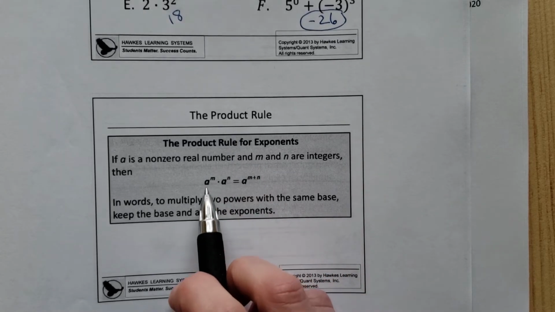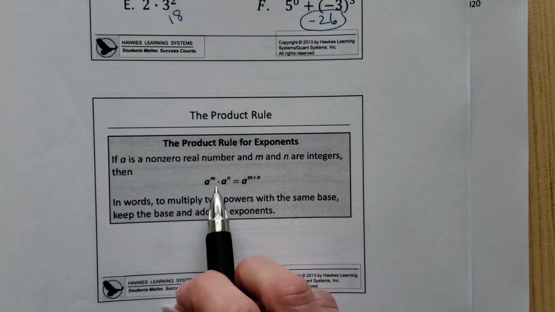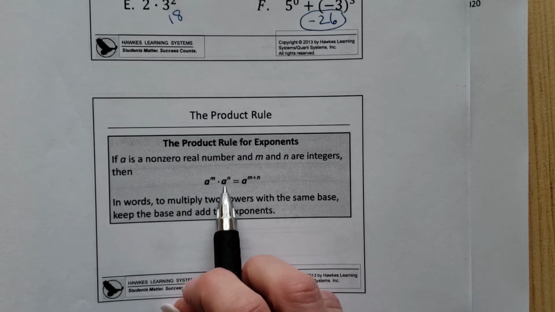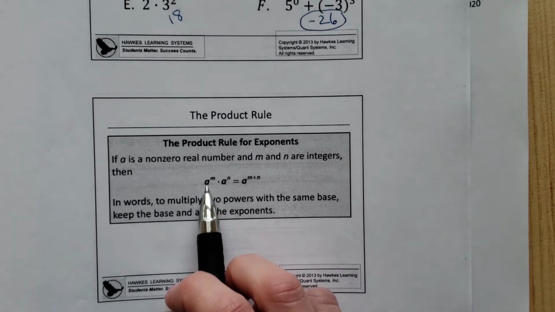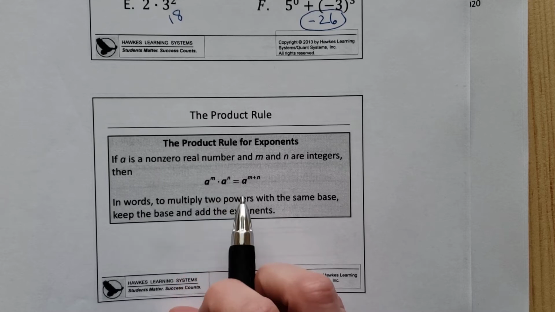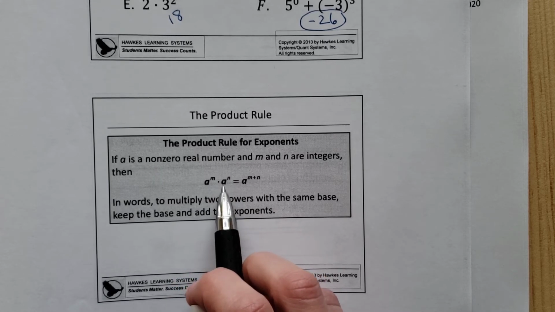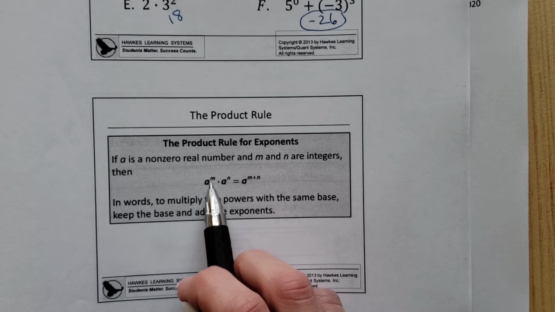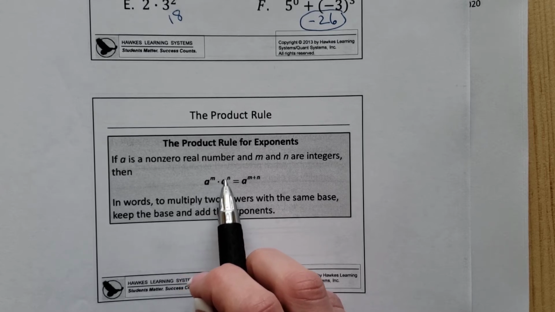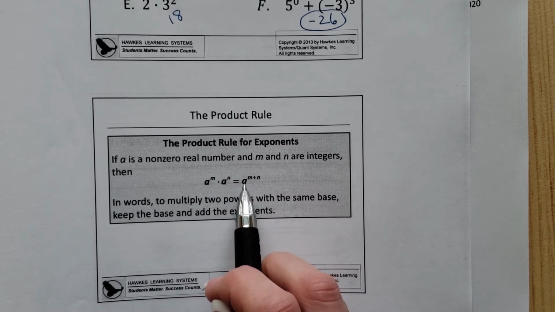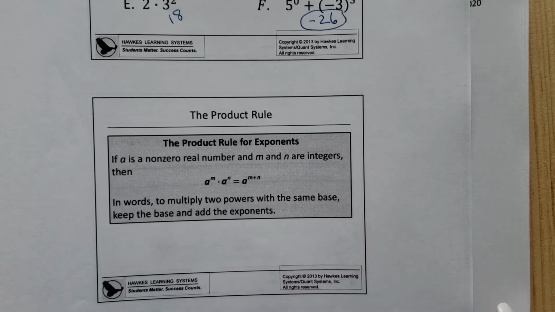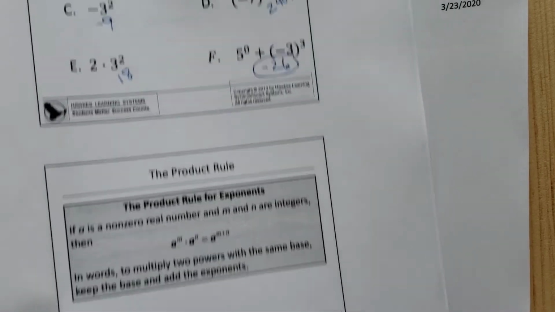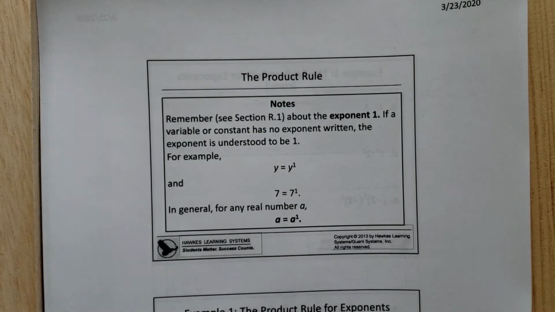That tells you when you have two numbers that have the same base, so a base is any variable or number raised to an exponent other than 1, and they're going to be multiplied, the rule is that you add those two exponents. So a to the m times a to the n is equal to a to the m plus n. So we're going to look at some real examples of that.